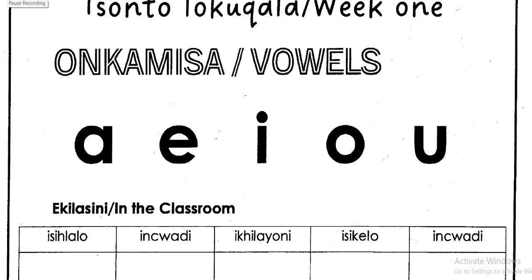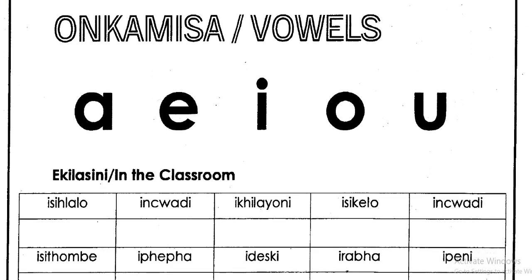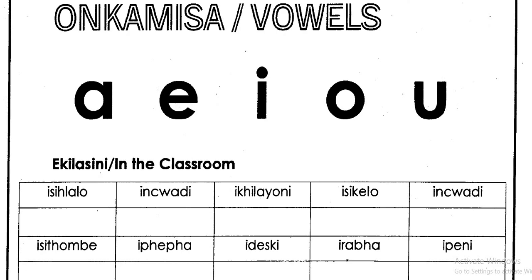So my booklet for homework, I've emphasized also the I, A, E, O, U. These are the basic things that the kids need to know in grade 3. The nouns, all the nouns in isiZulu, each and every name of a thing in isiZulu, it starts with a vowel.